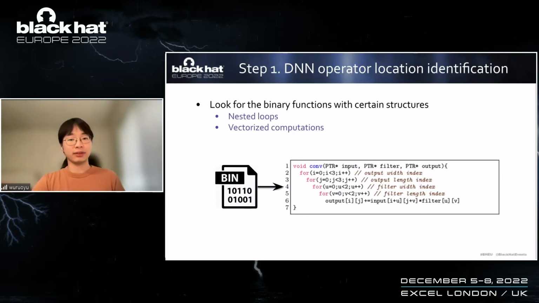These functions are identified as functions implementing the DNN operators. Note that our work is at the binary level, but for easy understanding in the presentation, we show our running example in decompiled source code in the following slides.